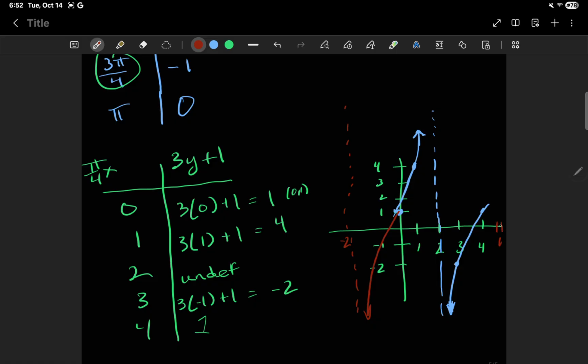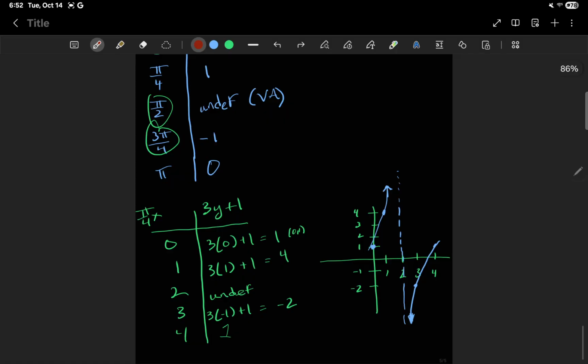So at 6 you'd have another vertical asymptote and the graph would finish like this. But luckily for you guys, I'm only asking for 1 period, so we don't really have to worry about any of that. So this is our sketch of 1 period of tangent of x.